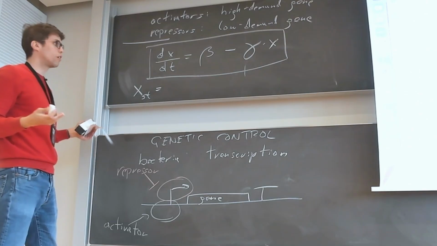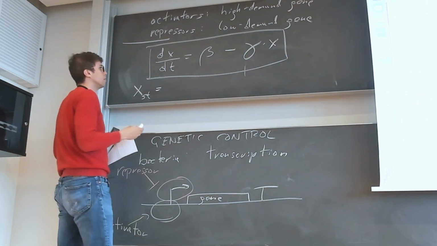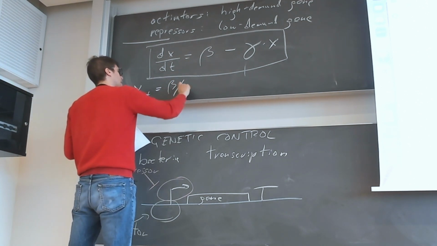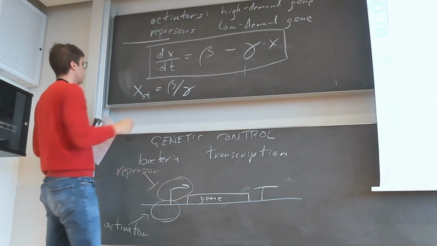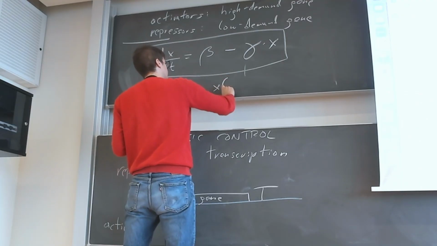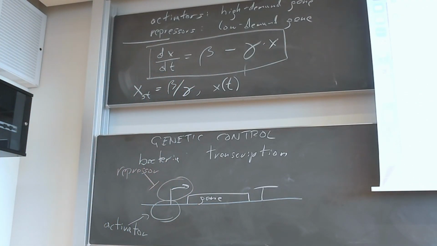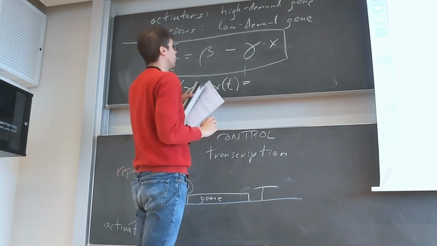Of course for this simple system, we already analyzed it, but we can do it again here. The first question to ask if you encounter an ODE model is to ask about the steady state. Where does it converge to? And here, of course, we get beta over gamma as the steady state concentration. In this specific case, we can even solve the ordinary differential equation explicitly, because this is an affine equation.